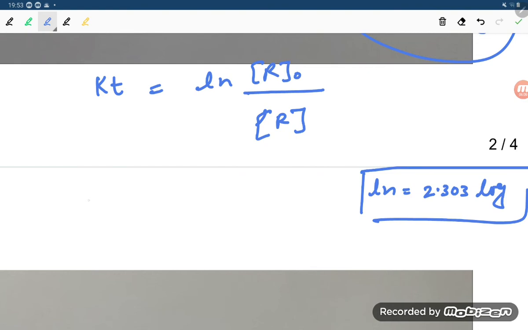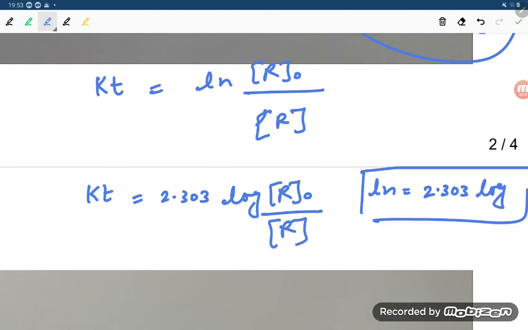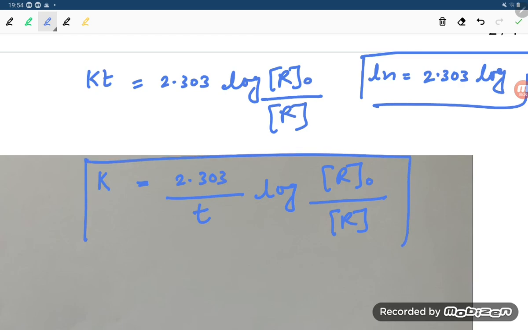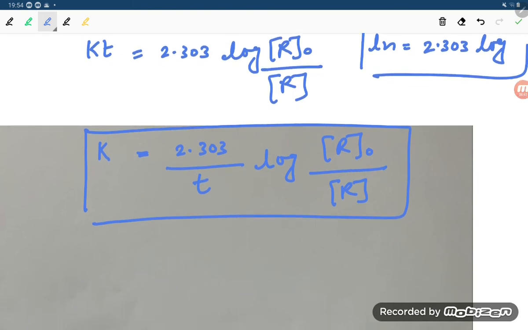So kt is equal to 2.303 log R naught upon R. Now k is equal to 2.303 upon t log R naught upon R. This will be our k expression.